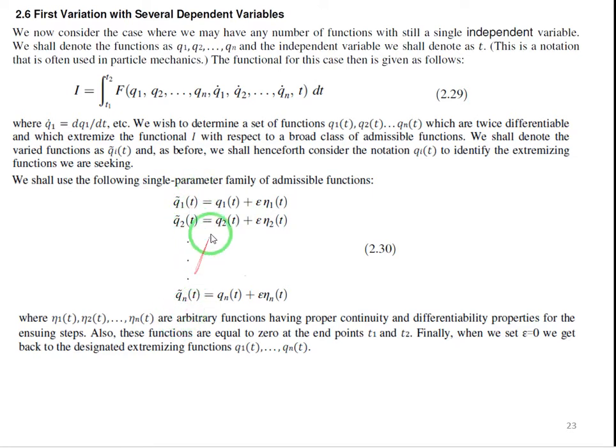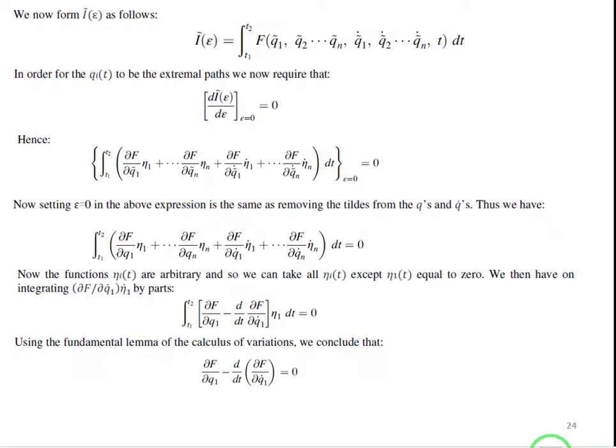By using this definition, we can easily say that I tilde, as we will define in this slide, in this equation, is a function of epsilon, and by assuming that q1 to qn is the solution of our functional problem, we can easily say that I tilde of epsilon is a single parameter function and only a function of epsilon, and we can say that this function I tilde has its extreme value at epsilon equal to 0.